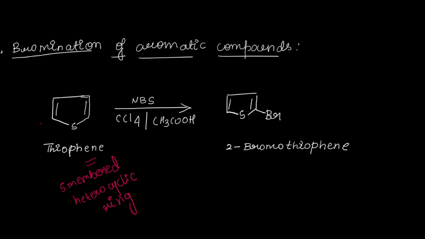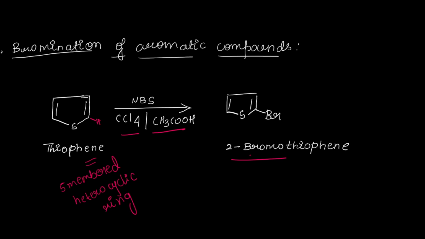Now when thiophene is subjected to reaction in the presence of NBS, as I told you, CCl4 or acetic acid can be used as solvents. In this solvent, when NBS and thiophene are reacted, we get 2-bromothiophene, where the hydrogen at this position is replaced by our bromine radical to give 2-bromothiophene.